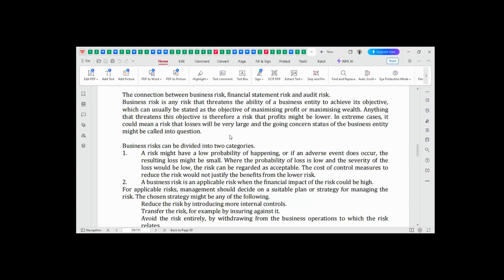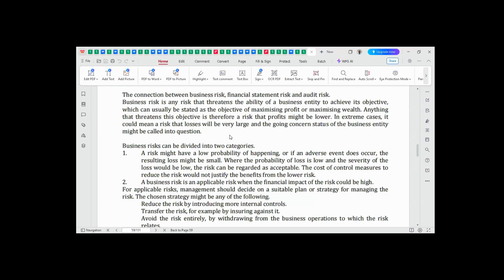Now, let's take, for instance, an increase in the cost of importation of raw materials. That is outside the client's business or control. So in that instance, what do you think the client will do?